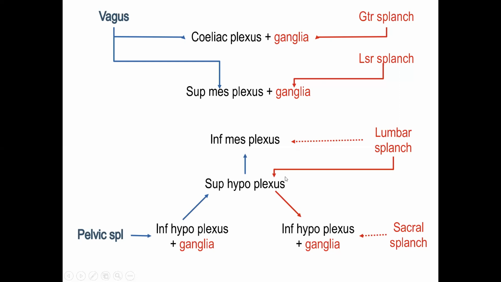So all the ganglia that were mentioned here are sympathetic, while parasympathetic ganglia lie in the organ wall, unlike the plexus of the body wall.